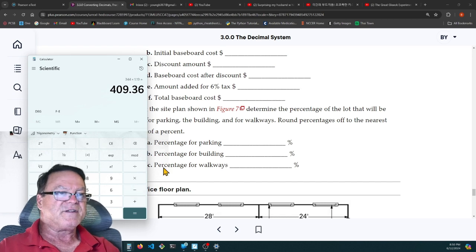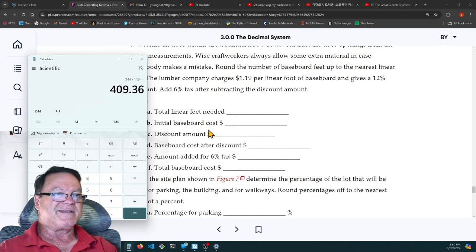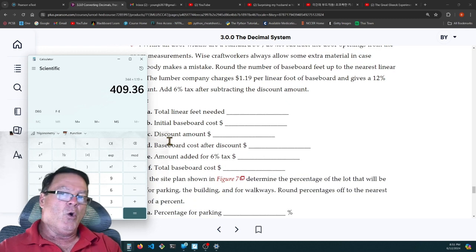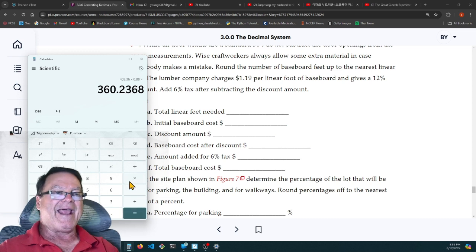And they said that the supplier is going to give us a 12% discount. We can multiply this times 0.12, which is 12%, and then subtract that from $409.36, or we can multiply times 0.88. 88% is 100% minus 12%. So at 88%, we have $360.24.